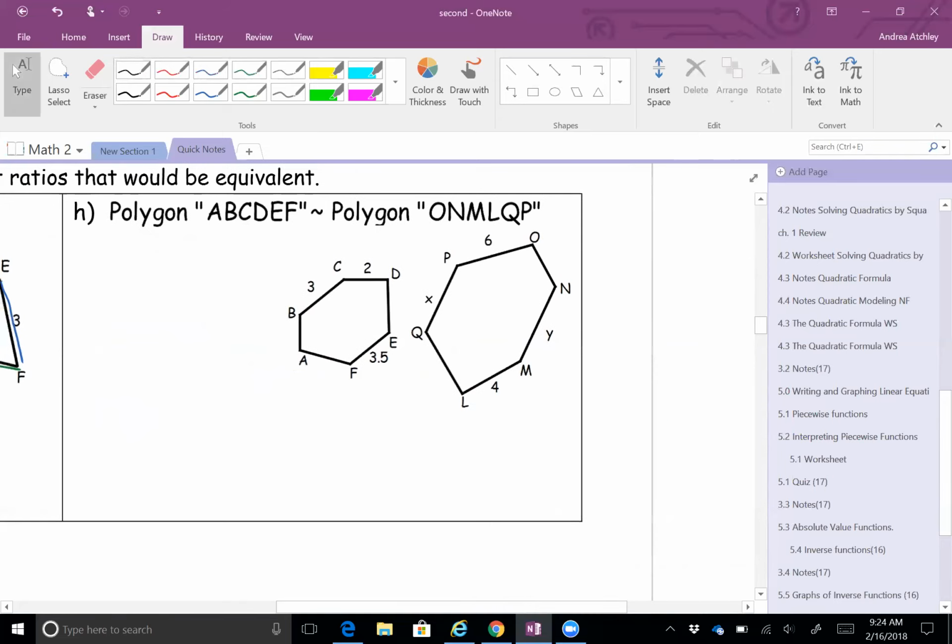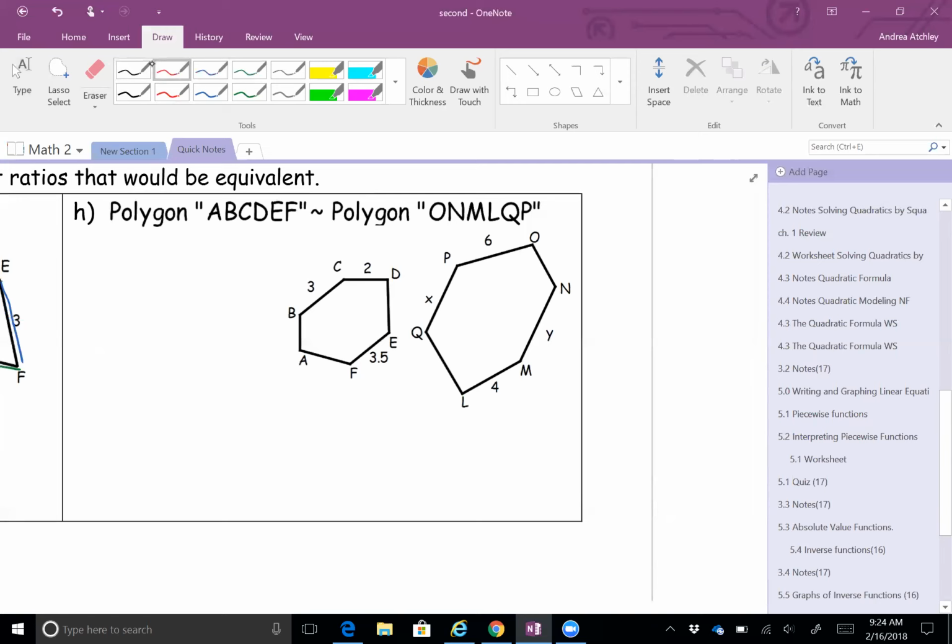Okay, we need to do this next one really fast. Oh yeah, we have time. Okay, so we're going to do the next one. We need to find what corresponds to each side. And this one's a little bit harder to identify because there are so many little shapes and angles.